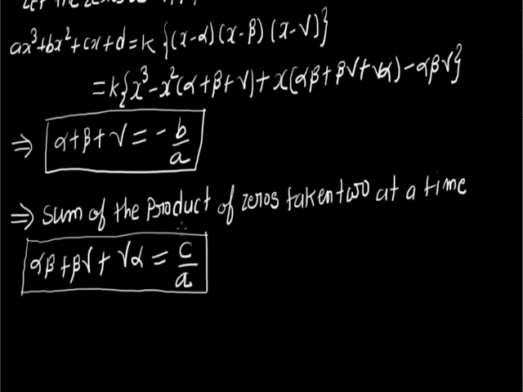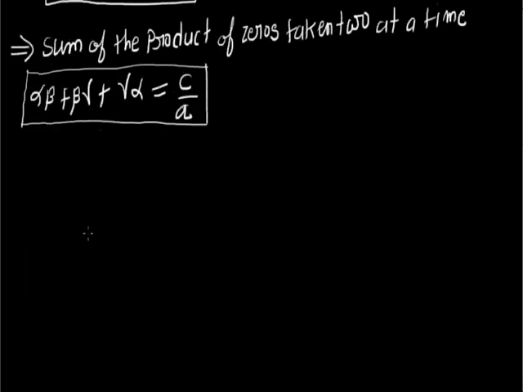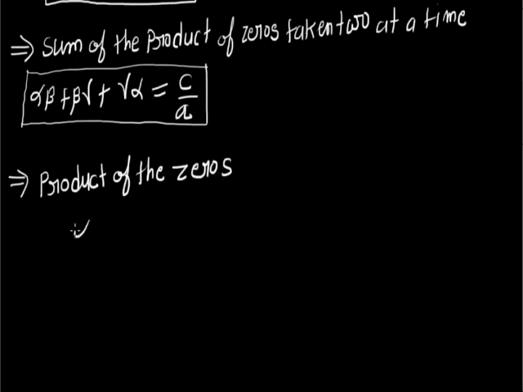Then we come to the third expression, finally the product of the zeros. The third relation we can find here is the product of the zeros, that is alpha into beta into gamma.